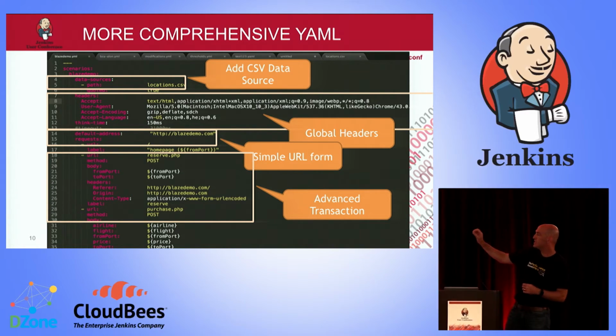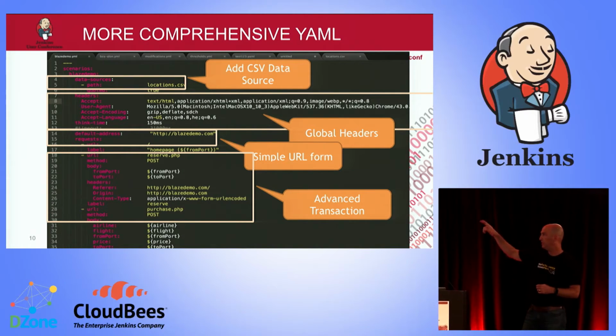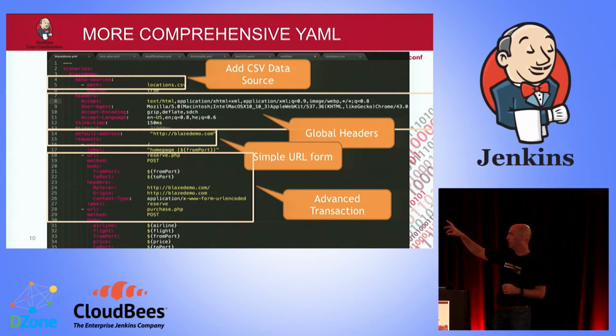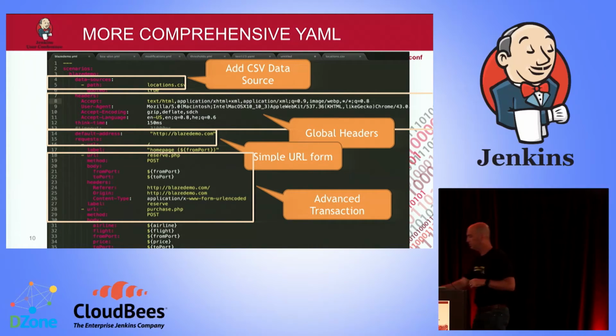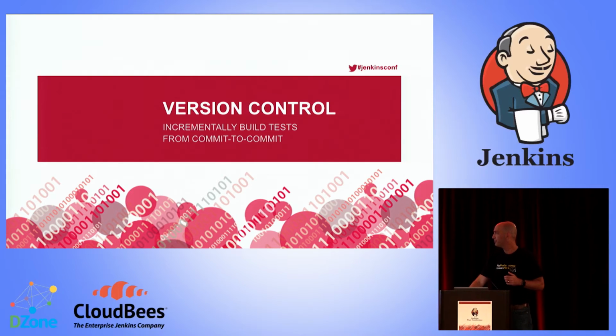And you see inside also the use of variables, the $ sign. The way you use variables in JMeter is also the same way you use it here. But everything is in a simple YAML file. So this is the use of variables. Cool.